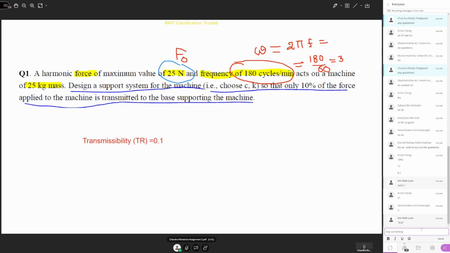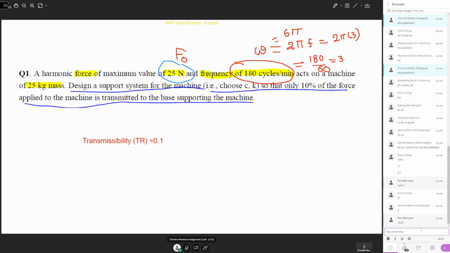So this is 2 pi into 3. Okay, so 18.8 radians per second. So that will be the frequency omega. If you use pi as 3.141, you will get 18.8.